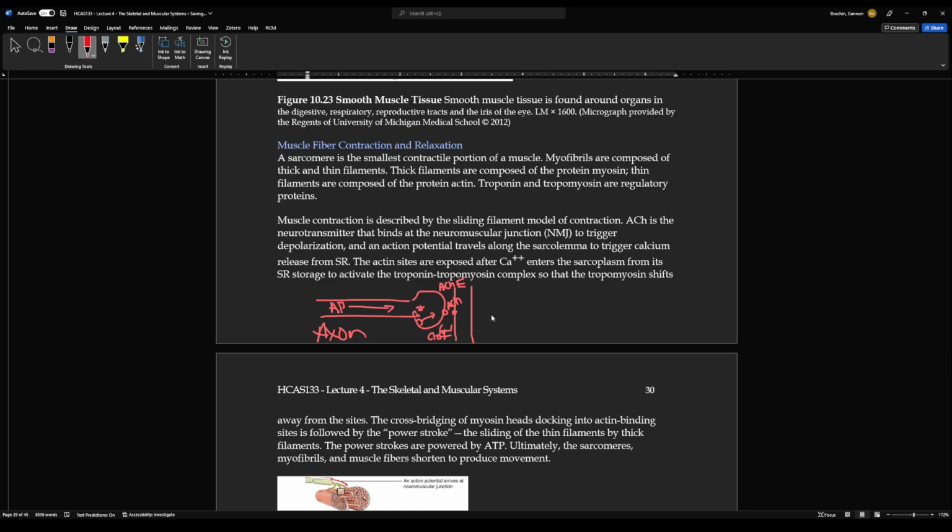So that's everything that kind of happens here. The action potential comes down the axon, stimulates a release of calcium that stimulates the release of vesicles containing acetylcholine. Acetylcholine is then exocytosed from the axon, and the vesicle obviously ruptures.